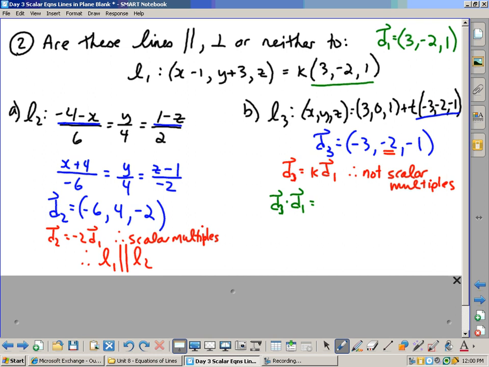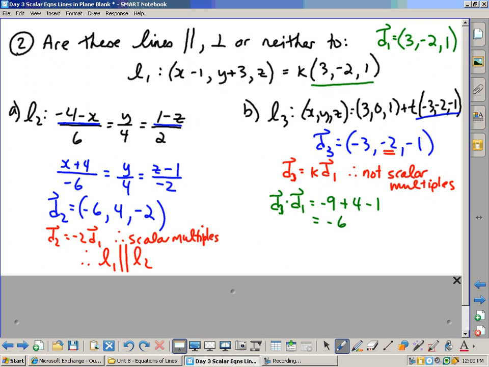So you multiply, and I'm going to get -9 plus 4 minus 1. And that, of course, is equal to, well, what, -6?